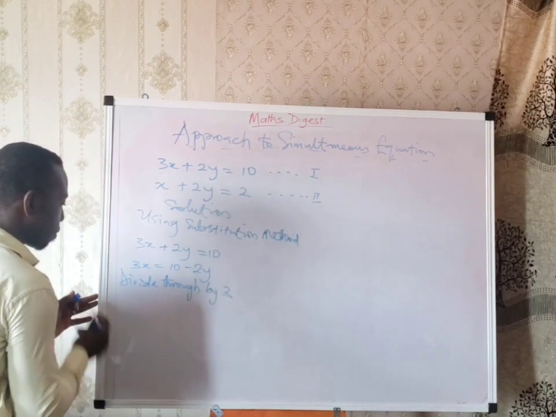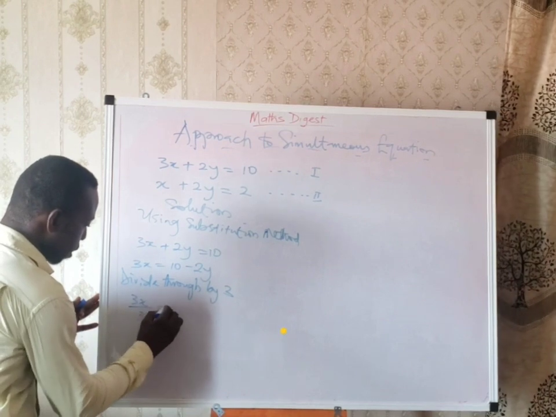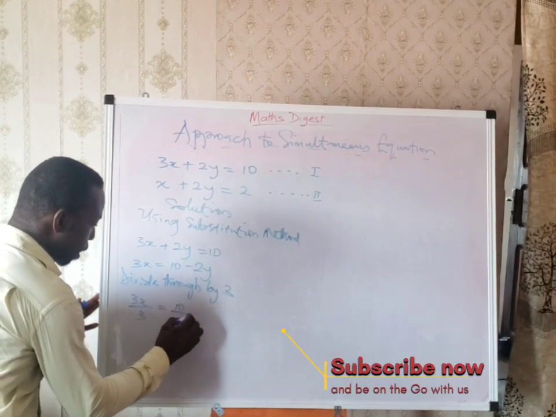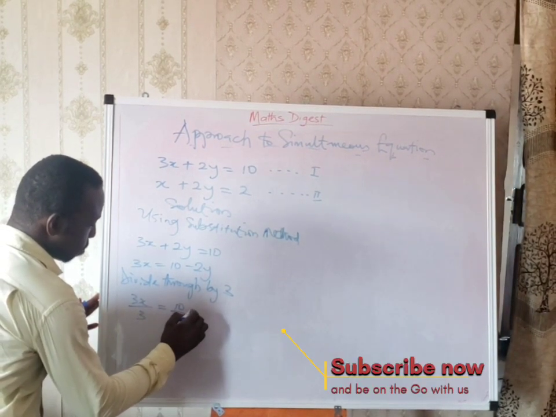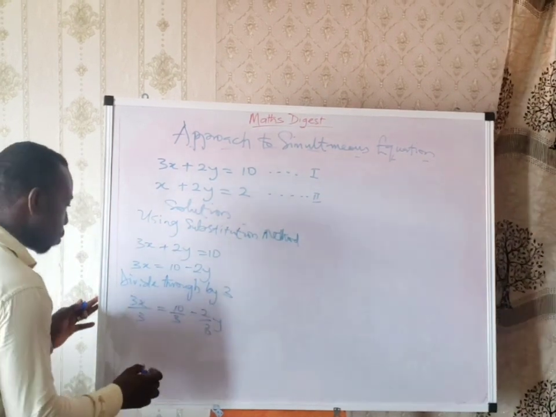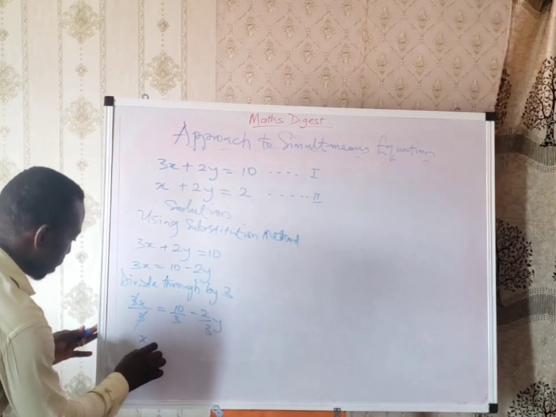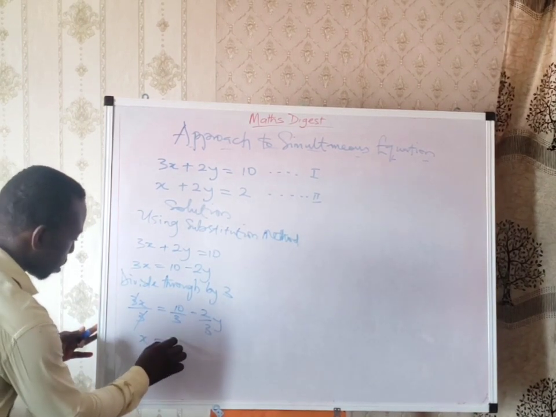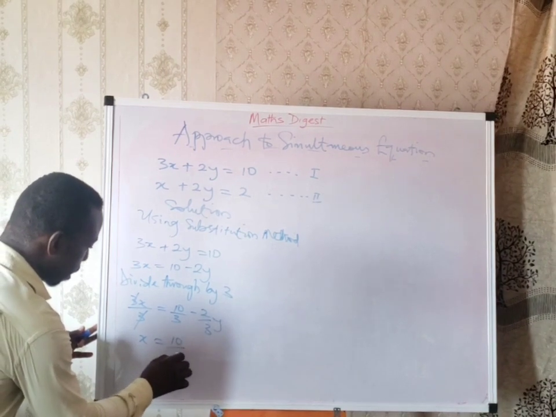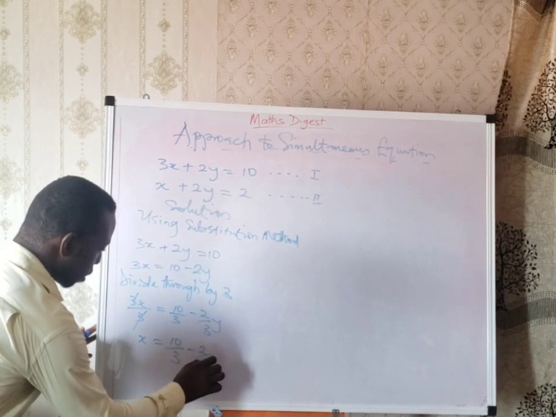Now we have 3x over 3 equal to 10 over 3 minus 2 over 3y. With this the 3s cancel, and we have x equal to 10 over 3 minus 2 over 3y.